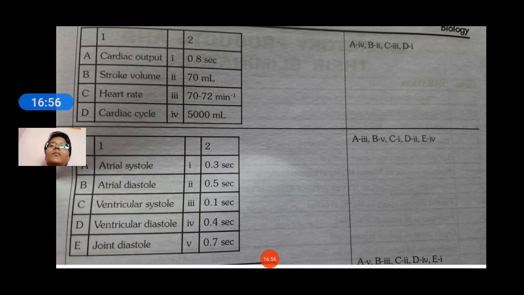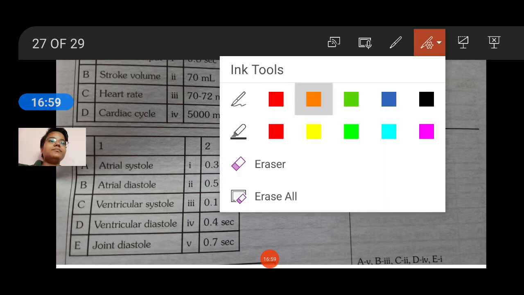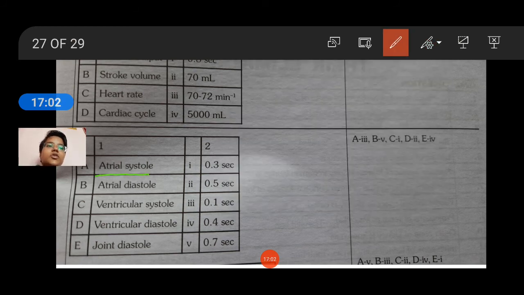Atrial systole is 0.1 second, atrial diastole is 0.7 second, ventricular systole is 0.3 second, ventricular diastole is 0.5 second, and joint diastole is 0.4 second.